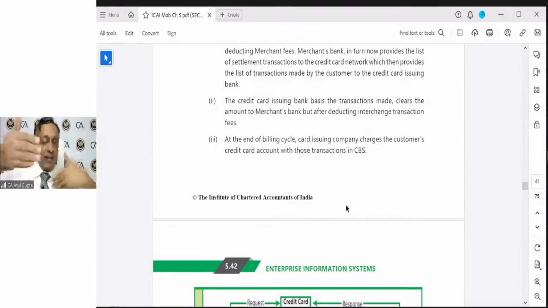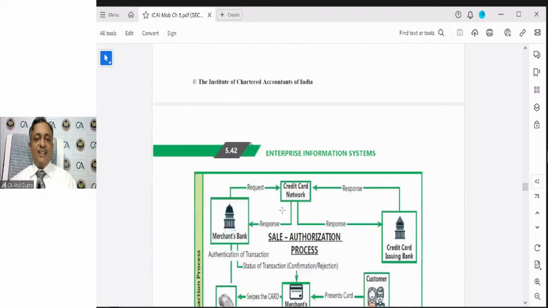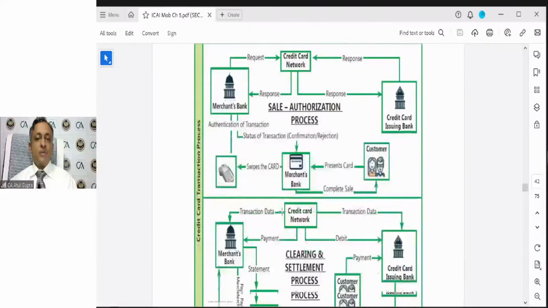So now you get your credit card statement, you have to pay on a due date. Based on that, the whole transaction is processed. Okay. So that is the transaction processing.